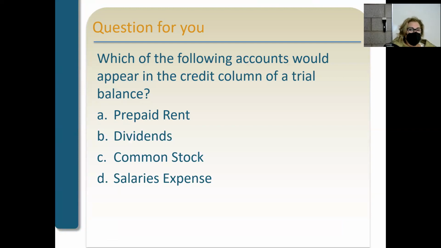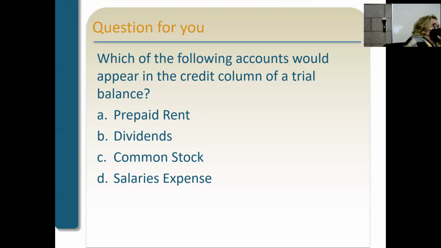Hey guys, which of the following accounts would appear in the credit column of a trial balance? Prepaid rent is what kind of account? It's an asset, so we know it has a debit balance.